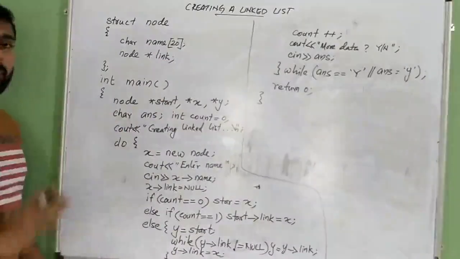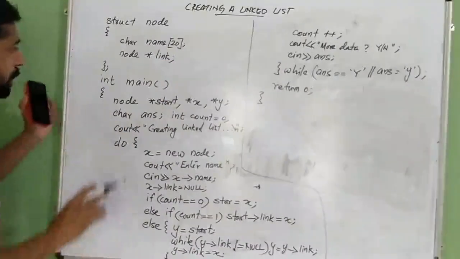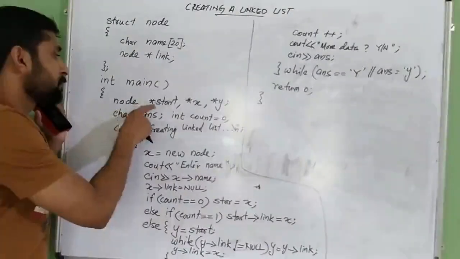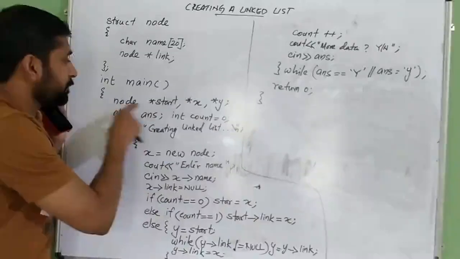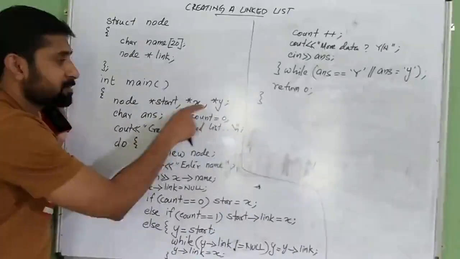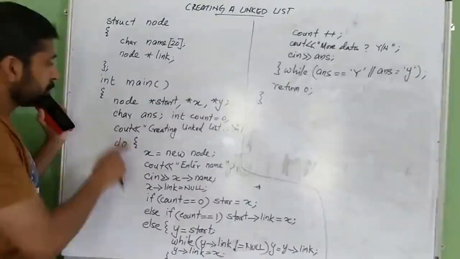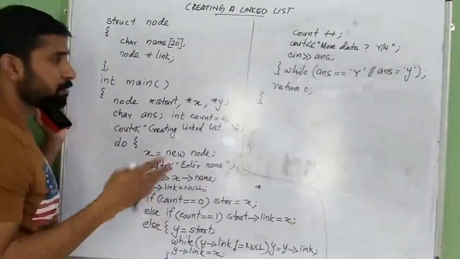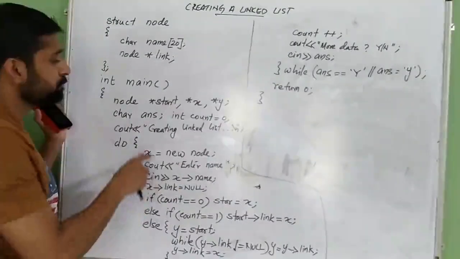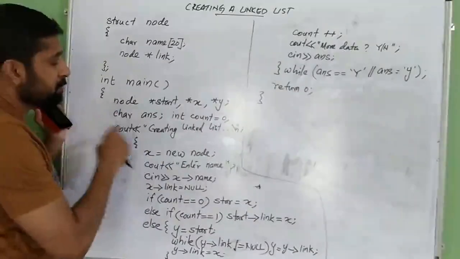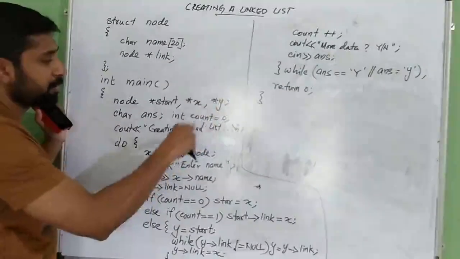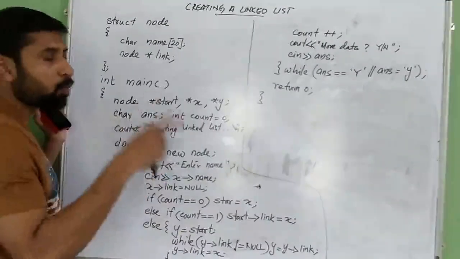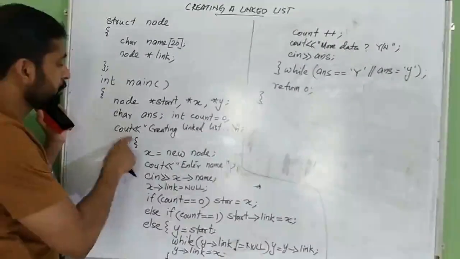Let us see how it works. Once again, we have some pointers here of type node: start, x, y. Now ans is to receive the answer from the user whether he wants to continue or not, and you can see a message like creating linked list, and count for keeping the count of number of nodes.